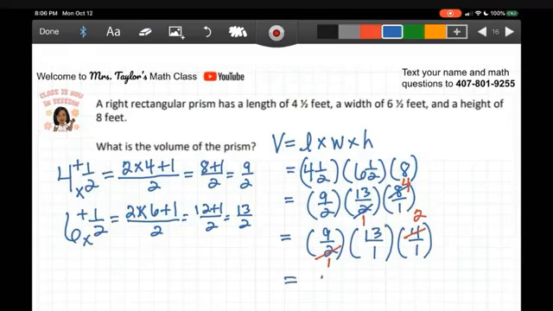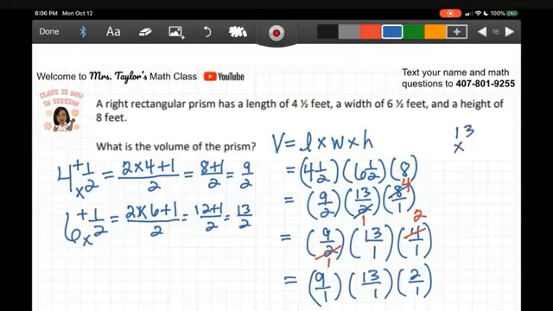And so I can rewrite the problem again. Now it's 9 over 1 times 13 over 1 and 2 over 1. And this is a little less intimidating to students. At this point you can just multiply everything. Because this is 6th grade math, they are not allowed to use calculators, so let's do this by hand. Let's start out with 13 times 9, which is 117.